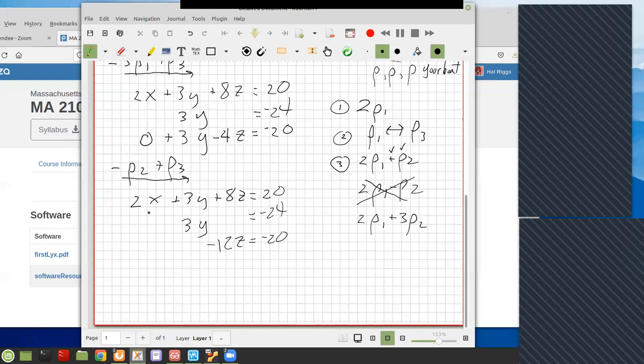Another way to say that is there's nothing under the leading term in the first row. There are only zeros under the leading term in the second row, and the same is true for the third row, since there are no rows below it. So this is an echelon form. It forms a staircase. Okay.